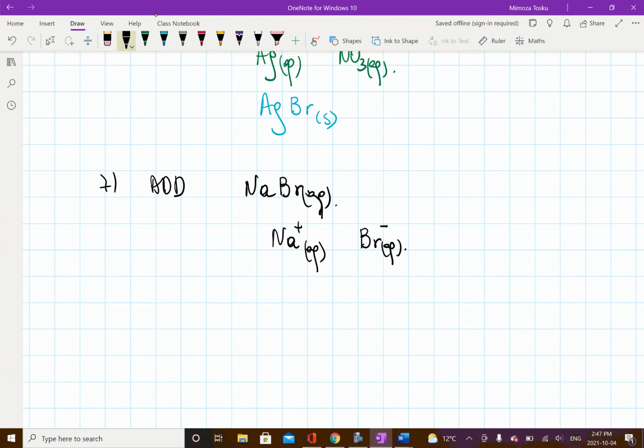And now the last thing is what will happen if we add hydrochloric acid into it. When we add hydrochloric acid, what we are actually adding is protons, or that is known as the hydronium.